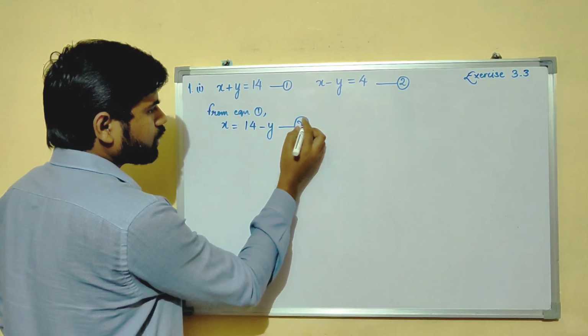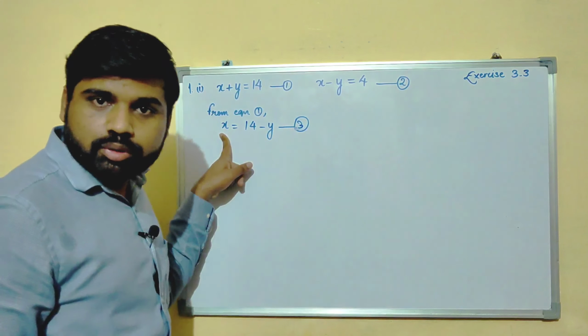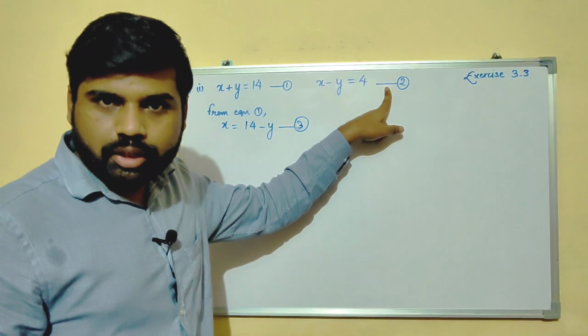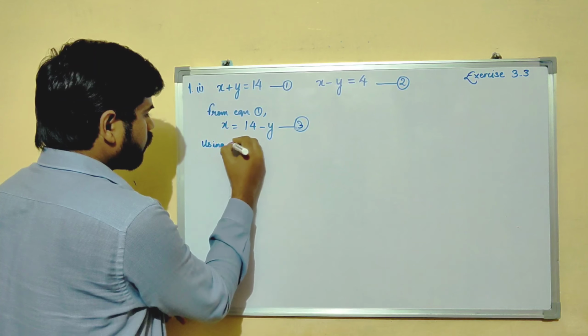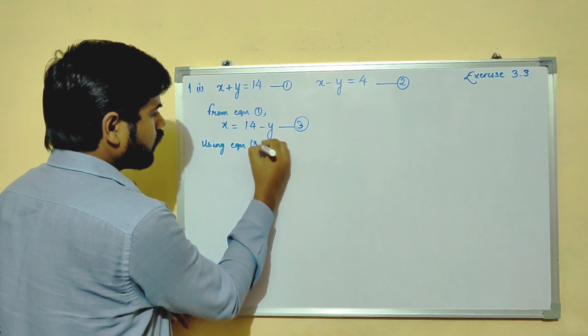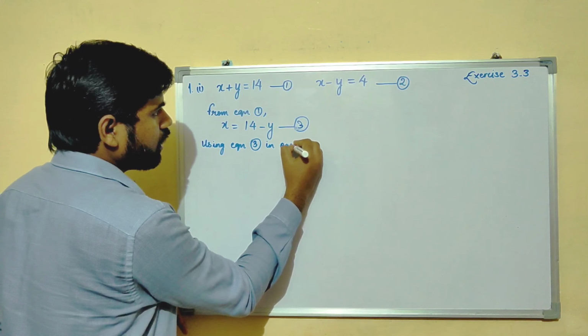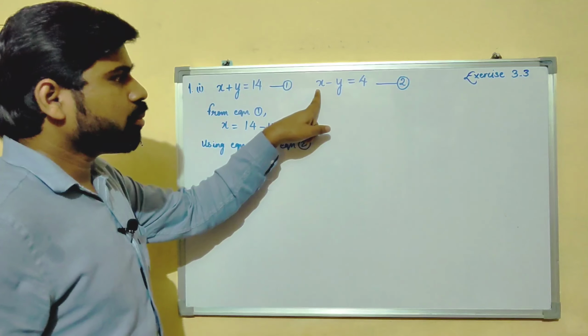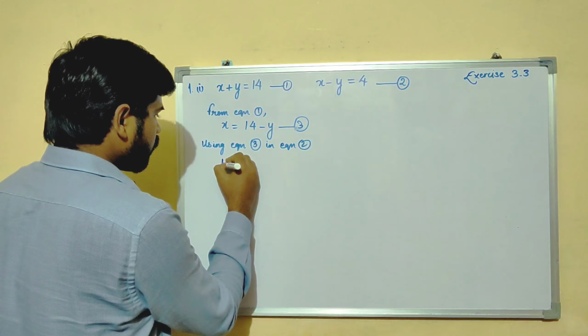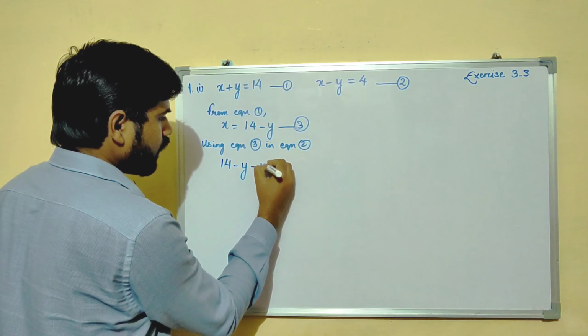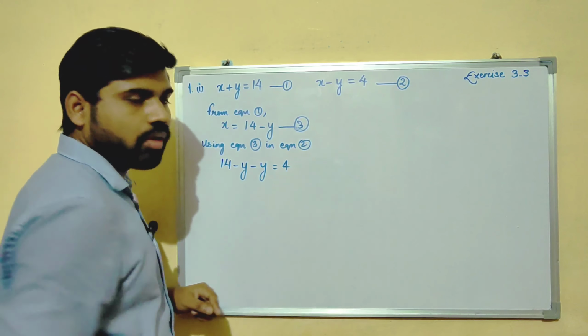Name this as the third equation and substitute this value of x in the second equation. Using equation 3 in equation 2, in place of x I will write 14 minus y, minus y equals 4.